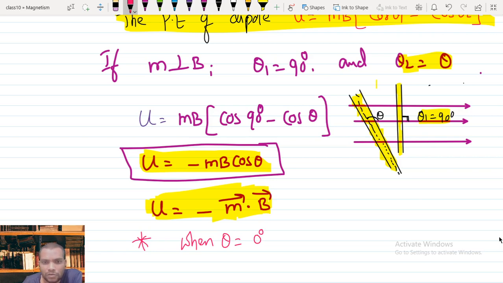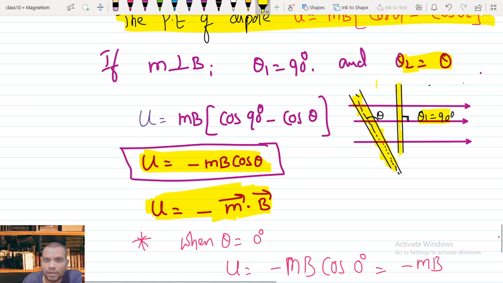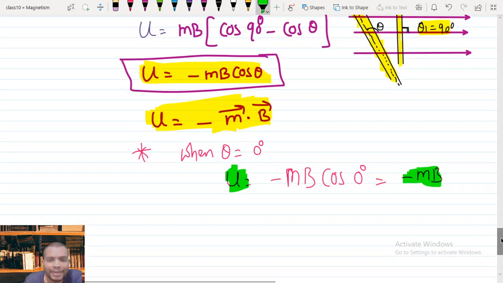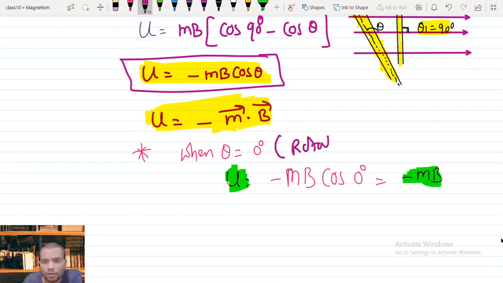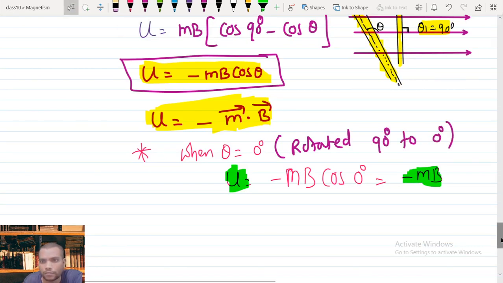So theta equal to 0, the potential energy U equal to minus mB cos 0 degree, which goes to minus m times B. The potential energy value in this case equal to minus mB. Suppose you rotated from 90 to 0 degrees, so that you can mention.